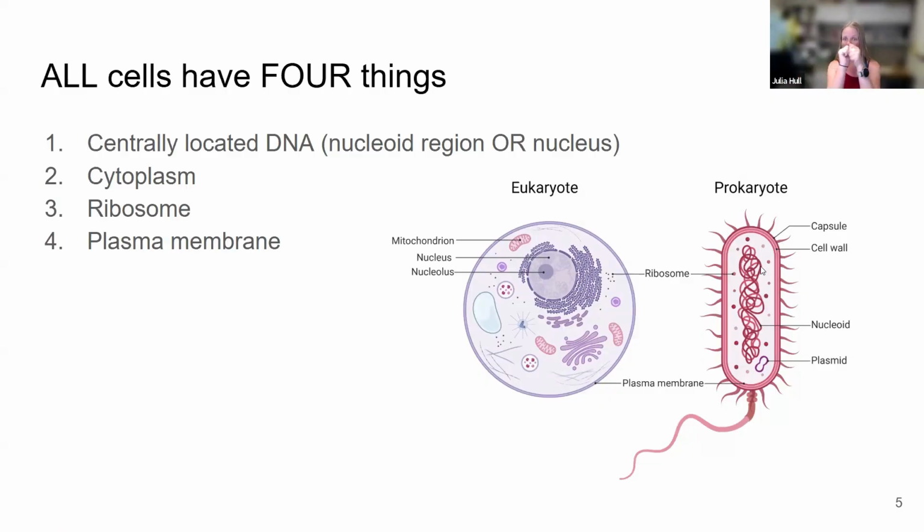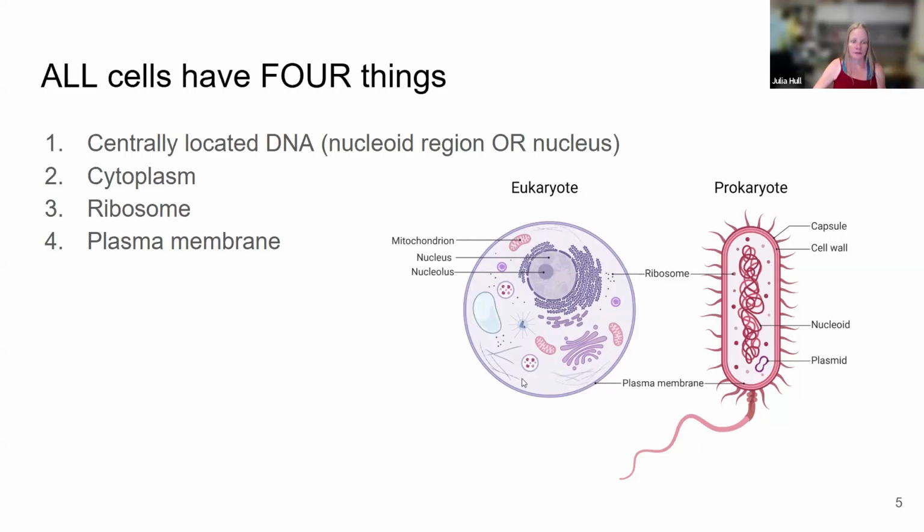It's just this kind of bunched up bit of DNA in the middle of the cell. The nucleoid region does not have a membrane-bound structure protecting the DNA. It's just floating around in the cell juice. In eukaryotes, that DNA is protected by the nucleus, which is, again, 2 phospholipid bilayers.